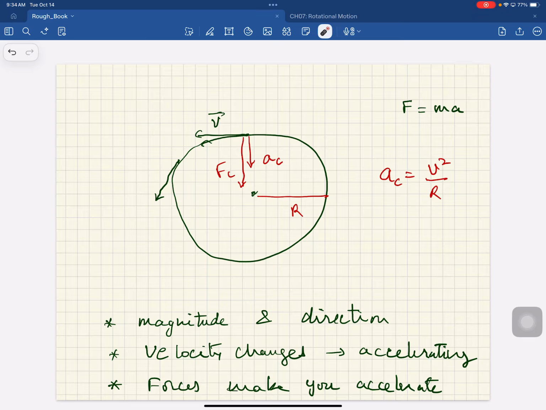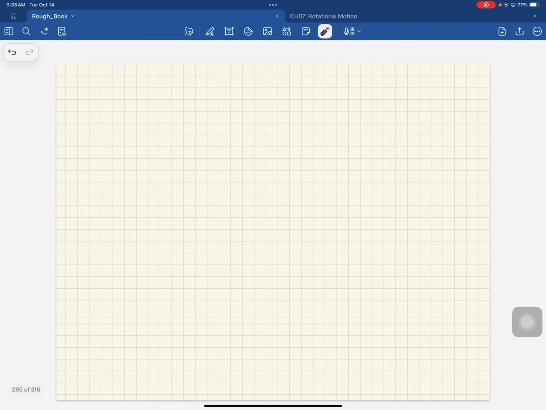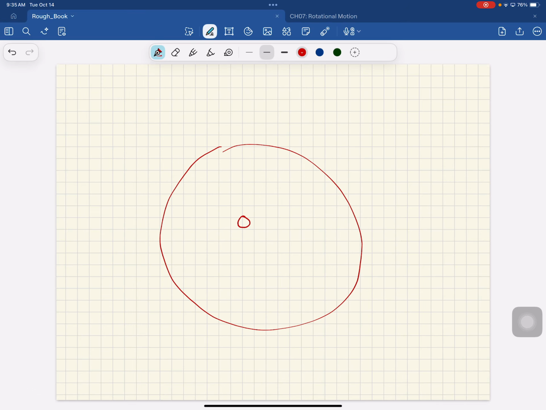So let's look at a couple of examples. Here's the sun. Here's the earth. The earth, by the way, is going at constant speed in a circular orbit. The radius of the orbit is about 92 million miles.